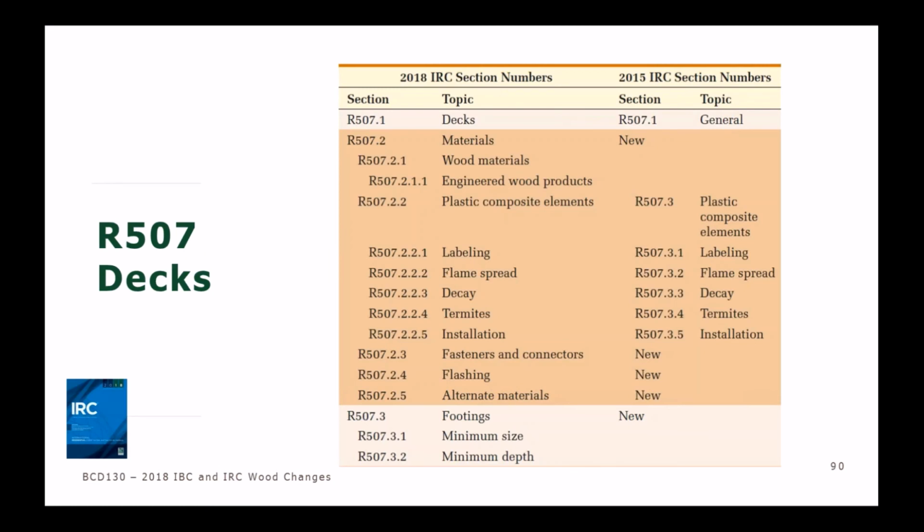So if we look at the new sections, the table you see just helps you figure out where it was before and where it is now. But there's a brief statement about decks in section 507.1. Then we get to topics of the materials of the deck, protection of those materials. Then we go on to a section on footings, and we start to literally build the deck up from the ground.